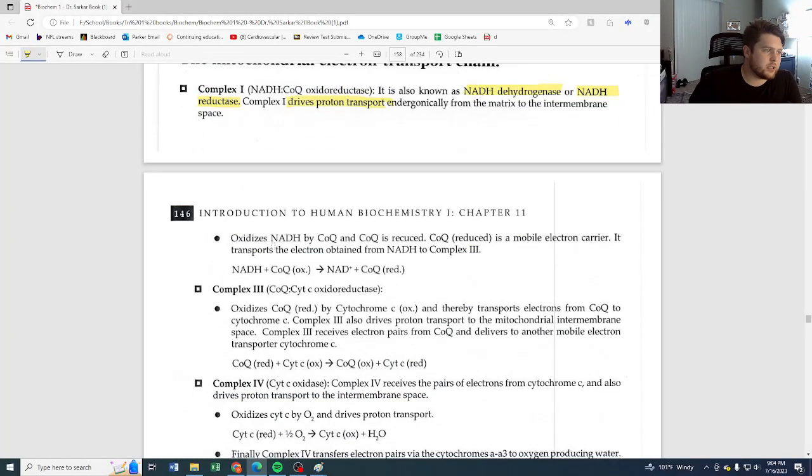It's going to oxidize NADH by CoQ, and CoQ is reduced. The reduced CoQ is a mobile electron carrier, and it transports the electrons obtained from the NADH to complex 3.